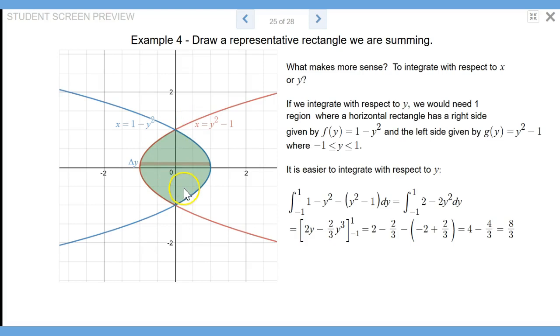So we just have one region, and we can integrate from -1 to 1 along the y-axis. And so we subtract the smaller valued function from the larger valued function. That's our integrand. Integrate with respect to y, and we get an area of 8/3.